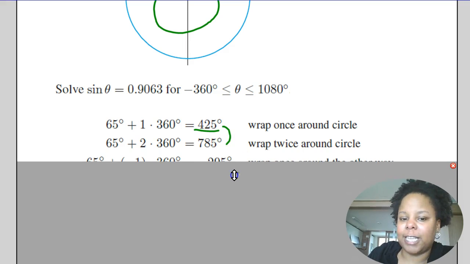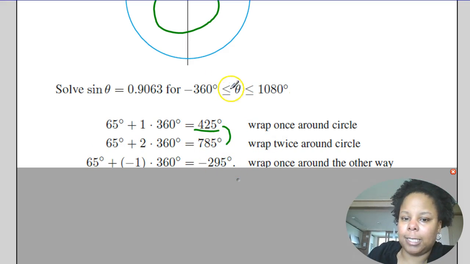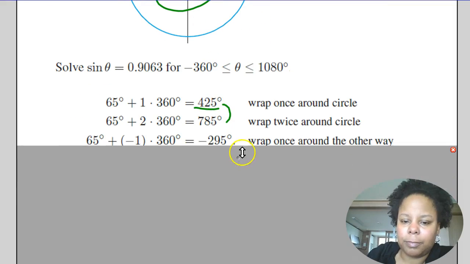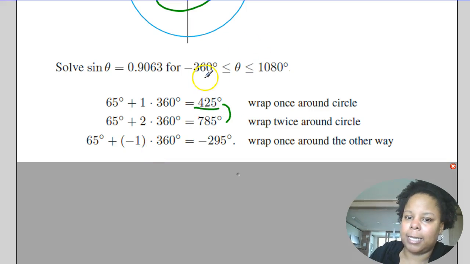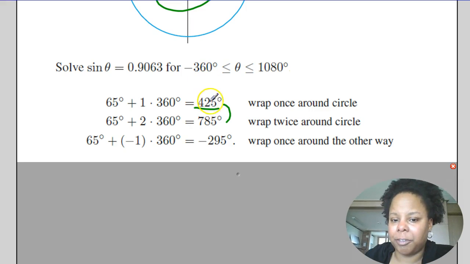If I go 3 times around the circle, 785 plus 360 will be outside of my 1080 range, so I can stop after 2 times around the circle. Since I'm going in the negative direction, that means I'm going to subtract 360 from 65. So I'm going to go 65 and then the negative way around to get back to that point. And then I end up with -295. And I don't need to do a second time because that will be outside my -360 range. So these are all the solutions for when theta is 65 degrees.